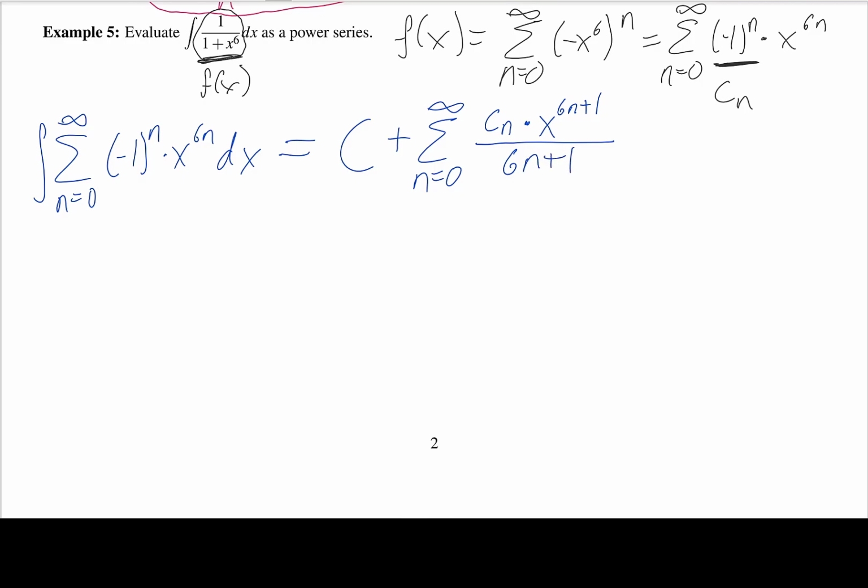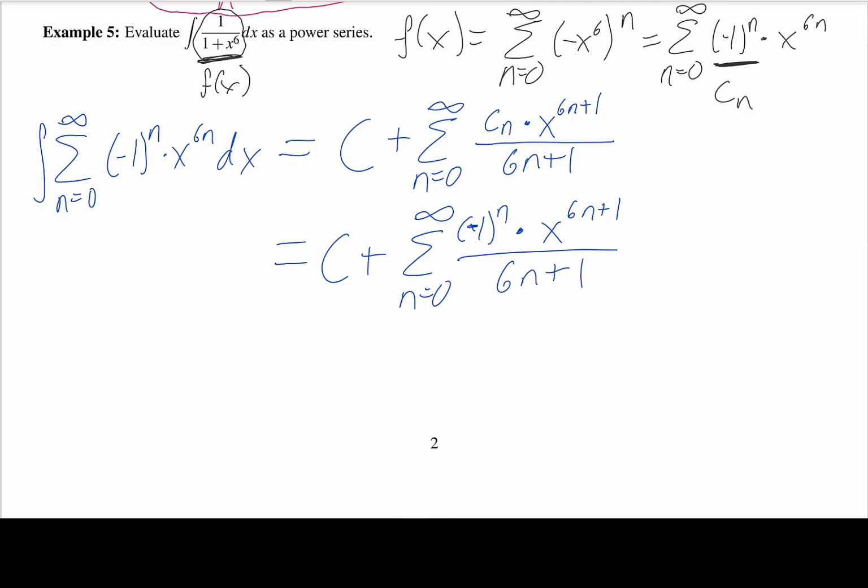And so this is really equal to c plus the sum from n equals 0 to infinity of negative 1 to the n, right? Because that was our c sub n, times x to the 6n plus 1 over 6n plus 1.